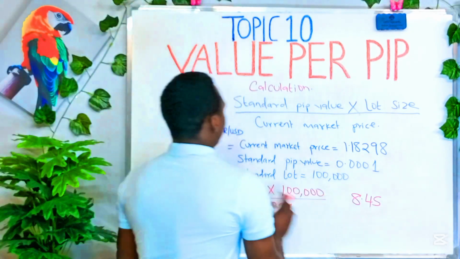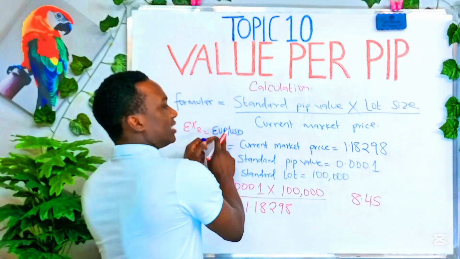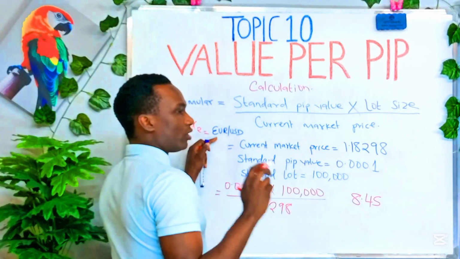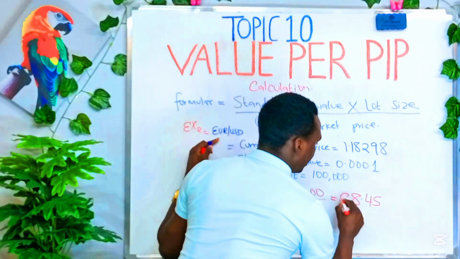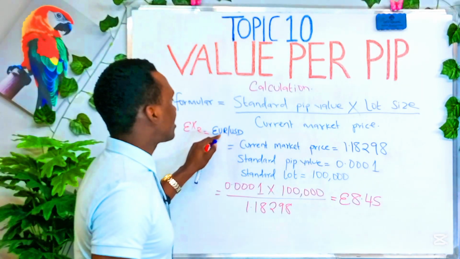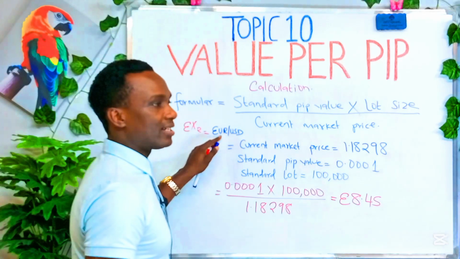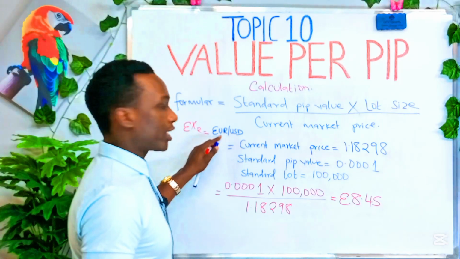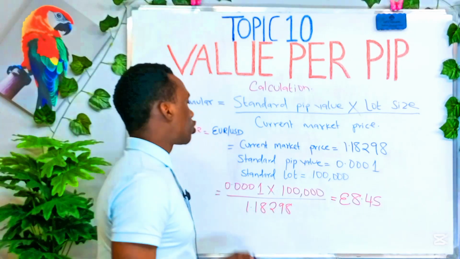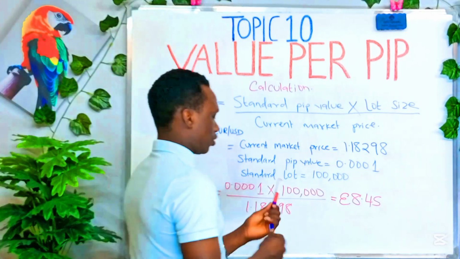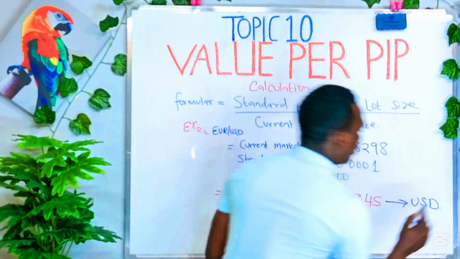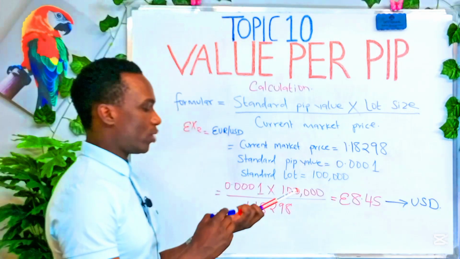Since the base currency in Euro USD is the euro, this will be in euros. Is that so? Yes. Because the base currency in this currency pair is the euro. So this one will be euros. So to convert this to USD, what do we do to convert these euros to USD?